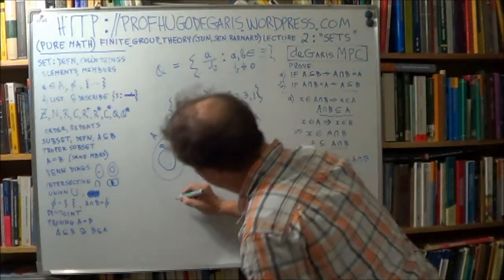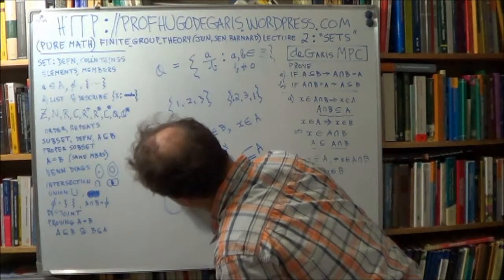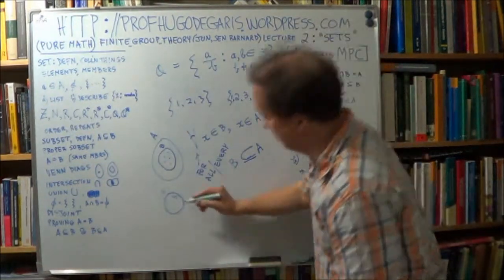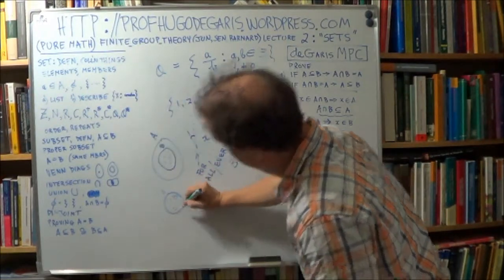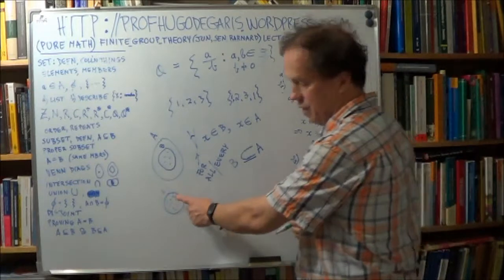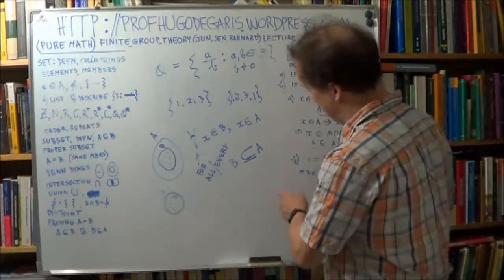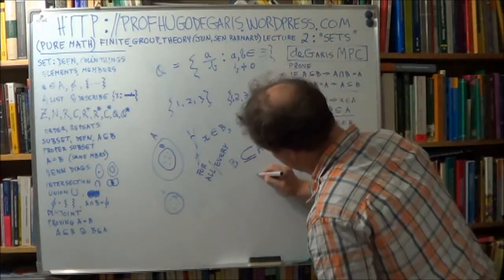Now you could have two sets like this that are the same set, right? A and B. So all members of B are in A, and in fact all members of A are in B. So that's why you have this equality.